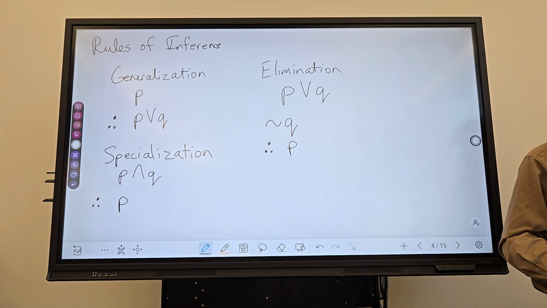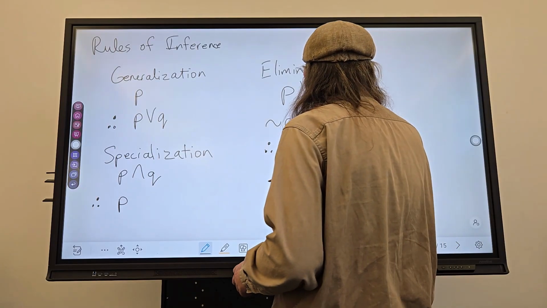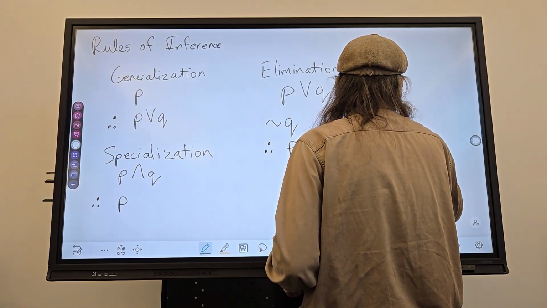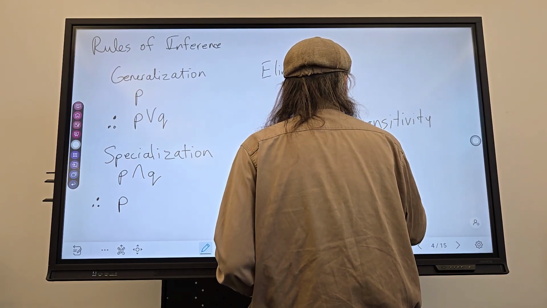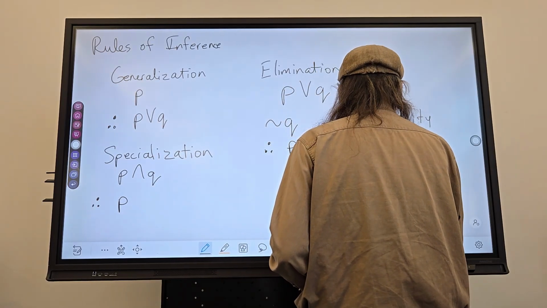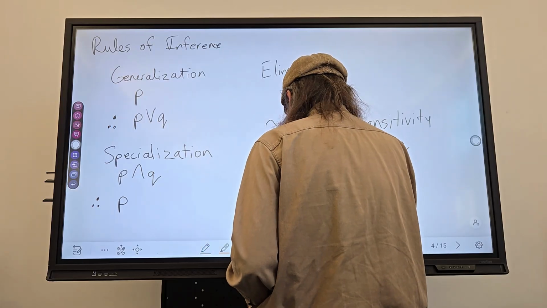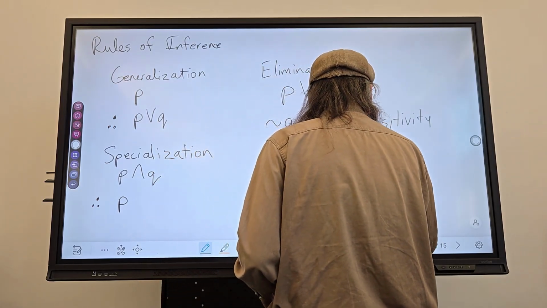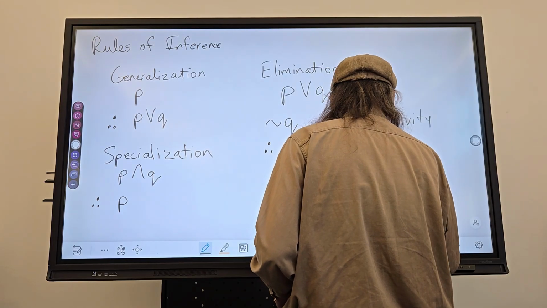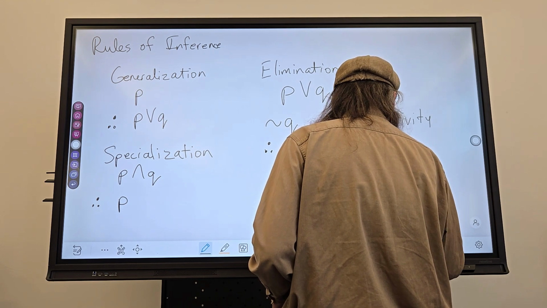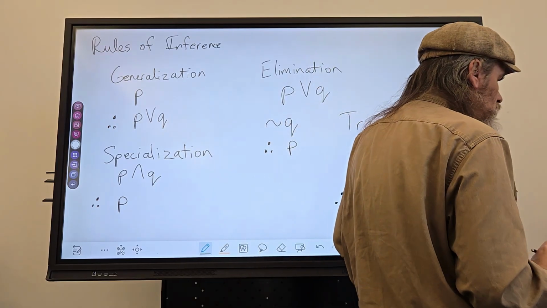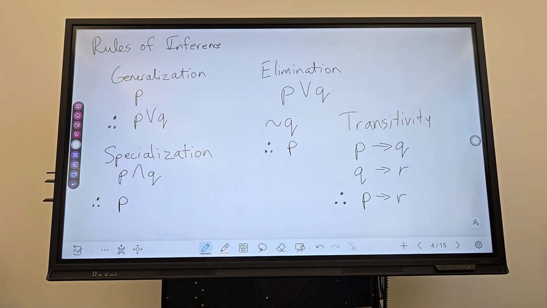Transitivity. If P implies Q, and if Q then R, therefore P implies R. Chains of if-then statements can be reduced to the first statement implying the last in this case.